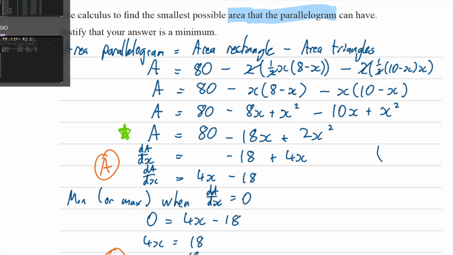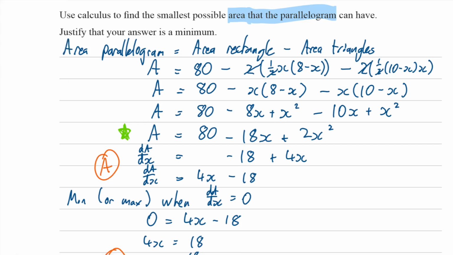So the area would be a positive quadratic, something like that. For a positive quadratic, it doesn't have a local maxima, it only has the local minimum. And that could be our justification.